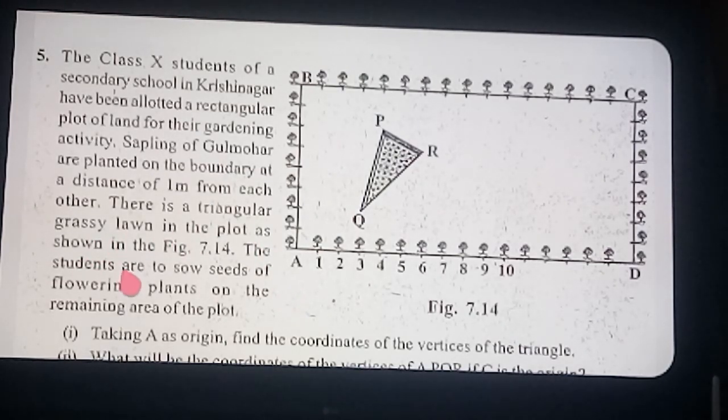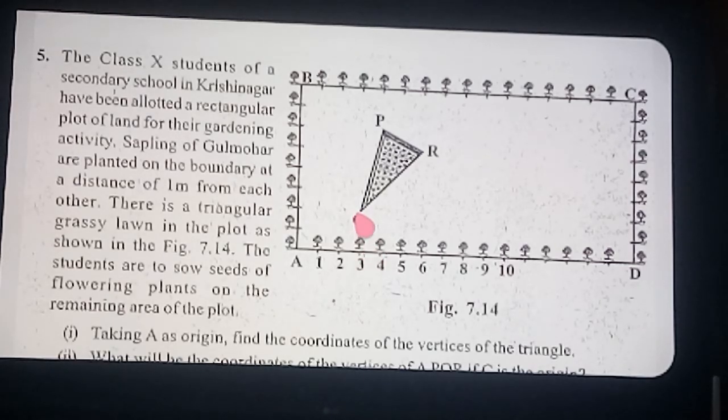The students are to sow seeds of flowering plants on the remaining area of the plot. So taking A as the origin, find the coordinates of the vertices of triangle PQR, if AD is the x-axis and AB is the y-axis.